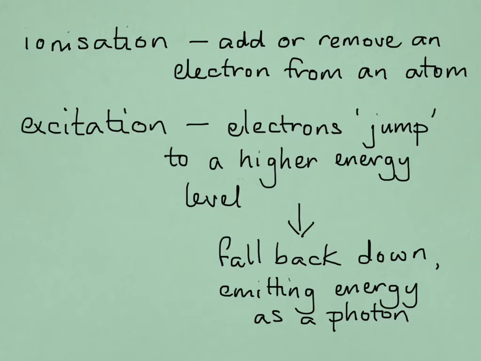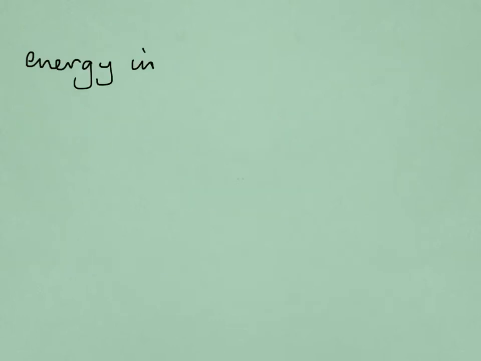So after a very short time, the electron tends to fall back down, and the energy that was absorbed by the atom comes out again, and that energy is emitted as a photon. And when that happens, that's called de-excitation, so just the opposite to it. So energy in, electron jumps up a level, energy out, and the electron is falling back down again.